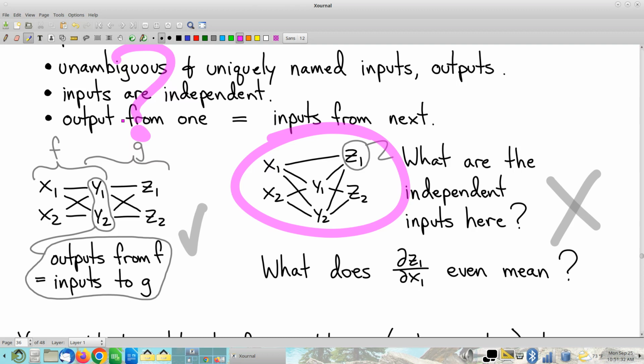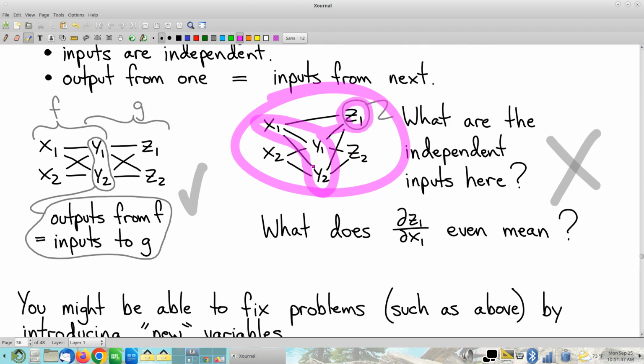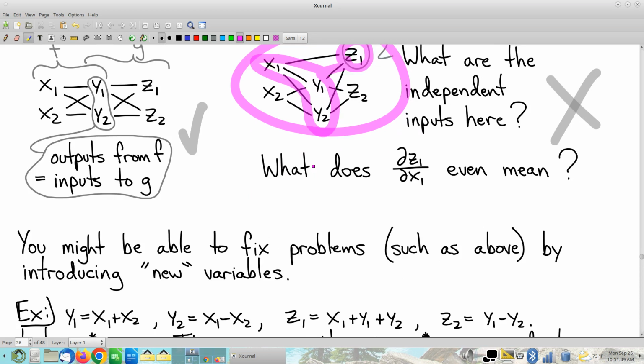It's just not. Right? So, for example, it's tempting to say that maybe Z1 comes at us as being a function of x1, y1, and y2. I mean, you see that in the formula right here, right? But let's see here.